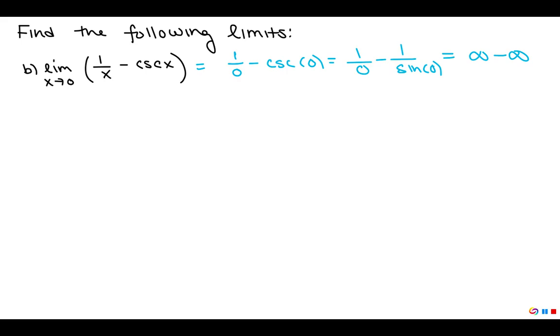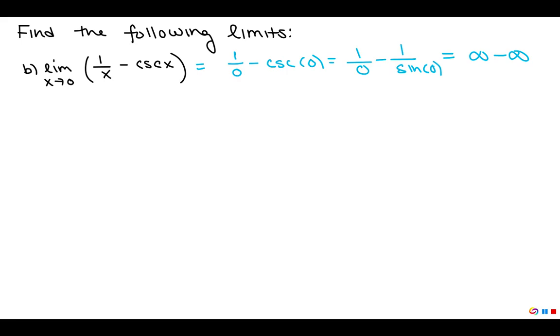I end up getting infinity minus infinity because sine of 0 is 0. So I basically have a 1 over 0 minus a 1 over 0. And so infinity minus infinity is actually indeterminate. You can think of it as we don't know which infinity is bigger, if that makes any sense. And so this is indeterminate.